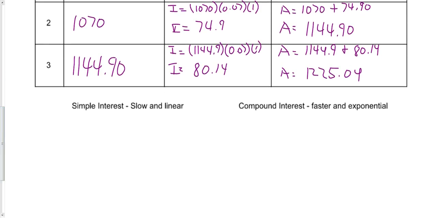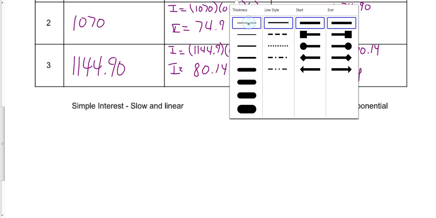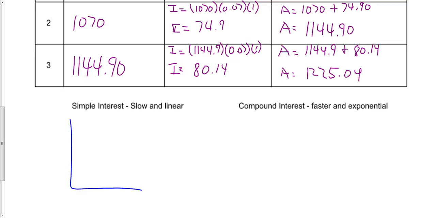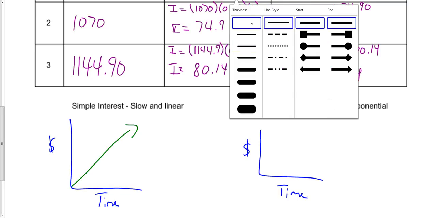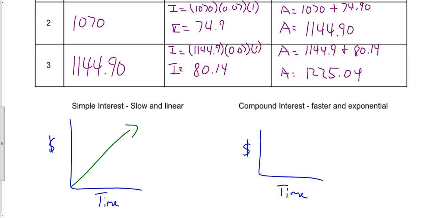So one way to think about simple interest is that it's relatively slow and it's linear. So if this is the value and this is time, simple interest is constant. Okay, you get the same amount of money all the time. However, with compound interest, what ends up happening is that instead of having a linear relationship, you actually have an exponential relationship.